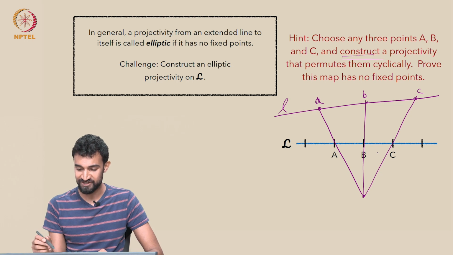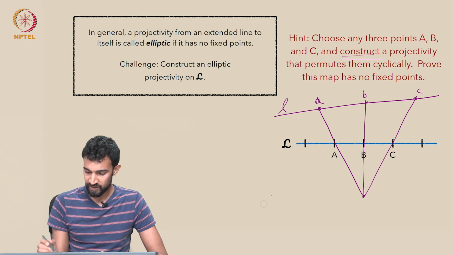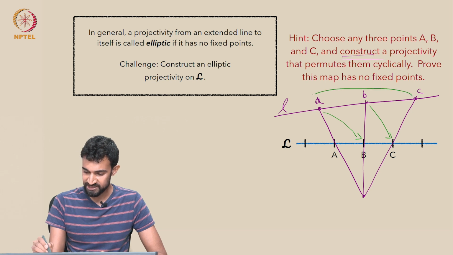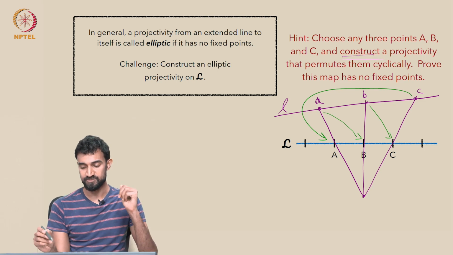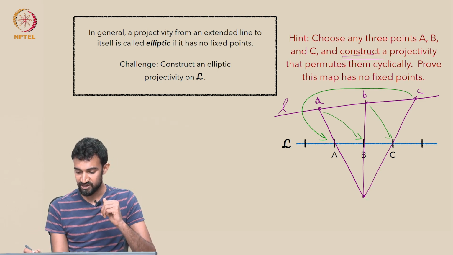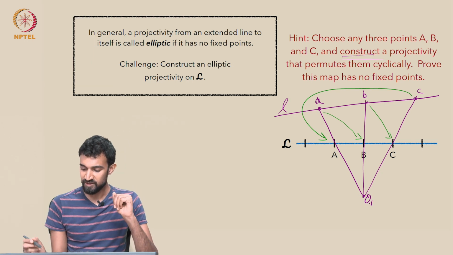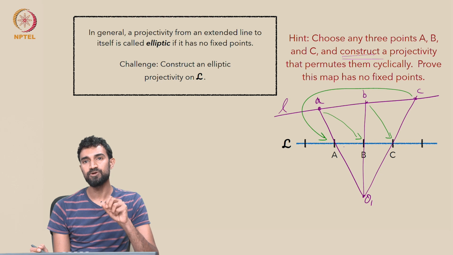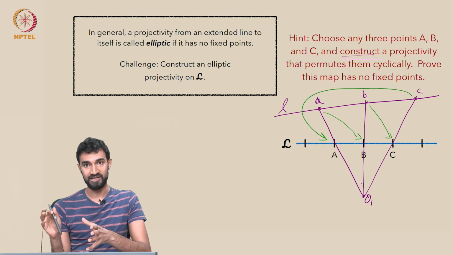You can now find a projectivity that sends little a to B, little b to capital C, and little c to capital A. I'll leave it as an exercise to construct that projectivity, which taken together with this purple projectivity, let's call this O1, O1 followed by this green projectivity together is a projectivity that'll permute A, B, and C cyclically. So that is relatively easy. We know how to do it, it's just a matter of working it out.